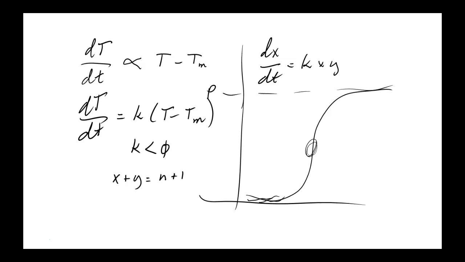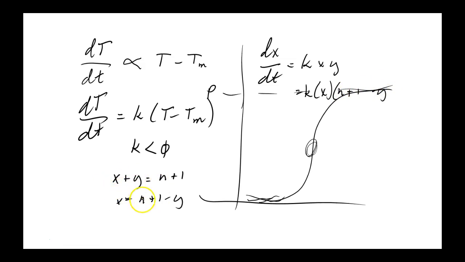So you have to have one to bring it in. So then you could reduce this equation to X is equal to N plus 1 minus Y, and then this would be K times X times N plus 1 minus Y. I mean, sorry, I said it backwards.